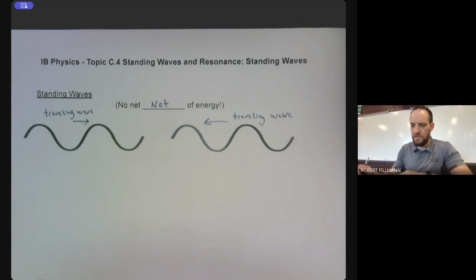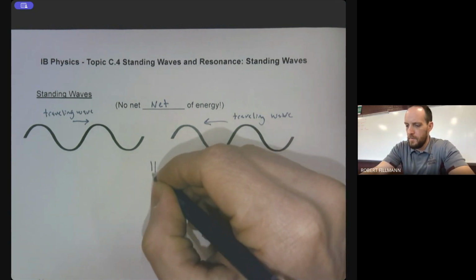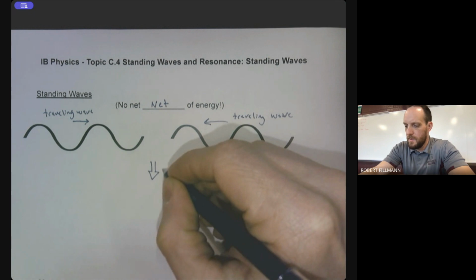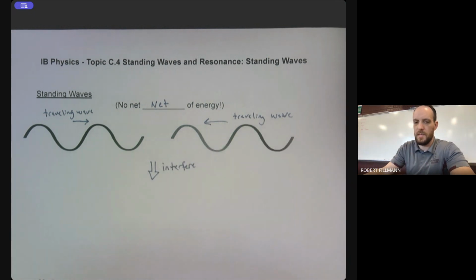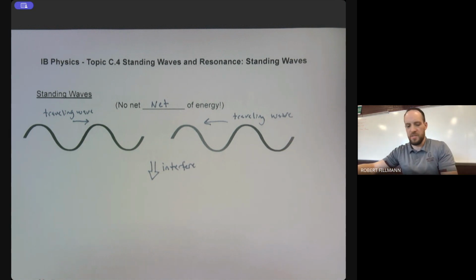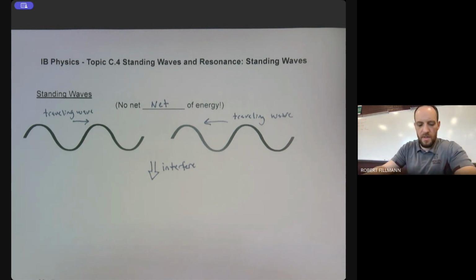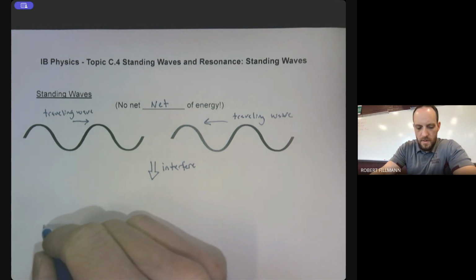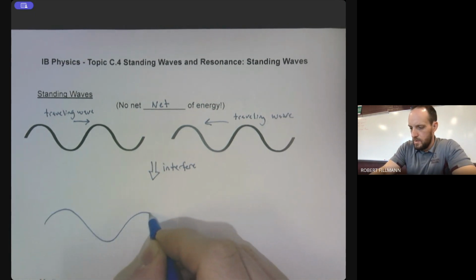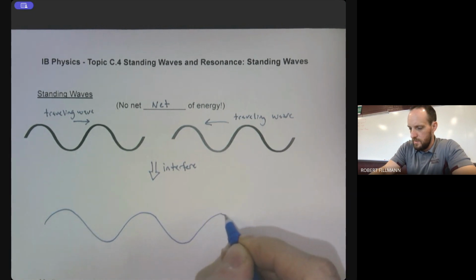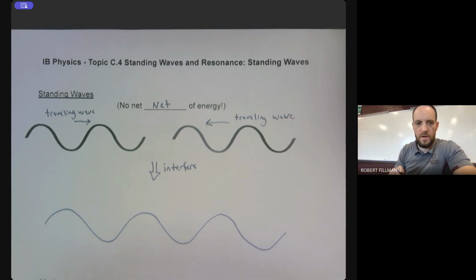When these two waves interfere with each other, we'll draw the resulting pattern. As they overlap, we'll get places of constructive and destructive interference, and the medium is going to oscillate between different positions. I'm going to color code this. Draw a sine wave that seems to match the ones above.